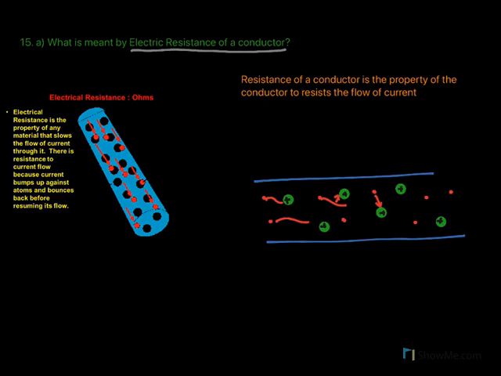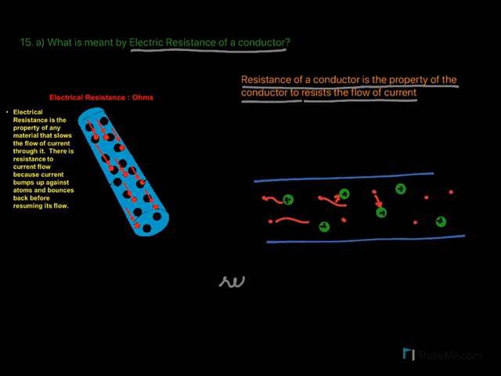They also sometimes hit the nucleus, which is a very small possibility, but they do hit it. So the electrons are not free to move through the conductor. They experience a resistance. This resistance is called electrical resistance. So the resistance of a conductor is a property of the conductor to resist the flow of current.